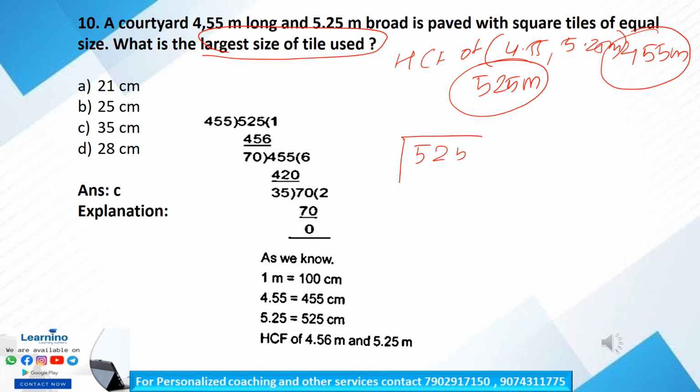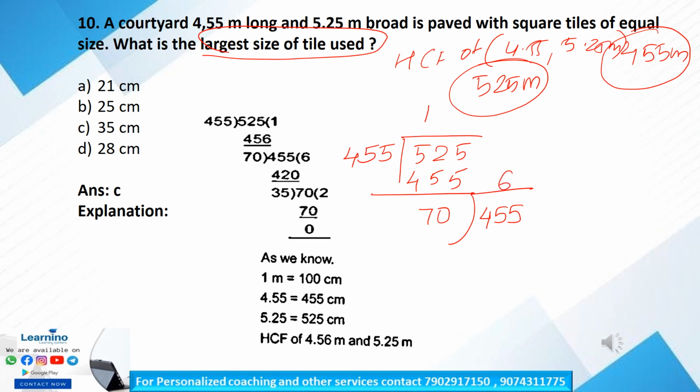So 525 divided by 455. So 1 into 455 is 455. So we get the remainder 70. Okay, so the 70 we have to consider as divisor. So 455 divided by 70.